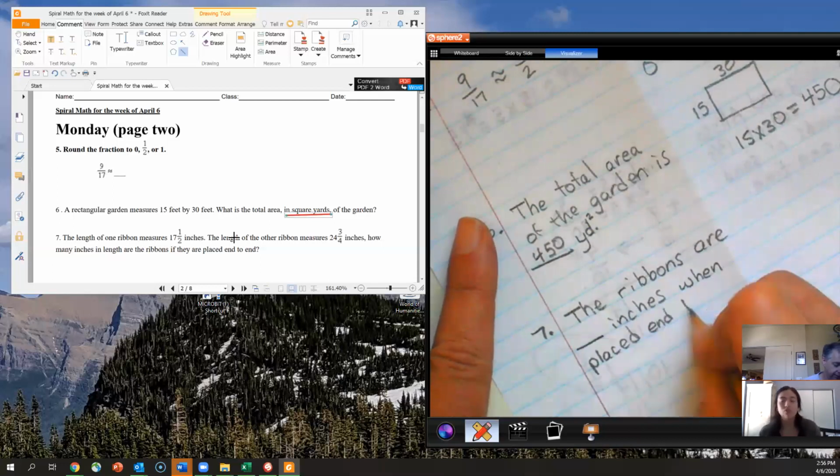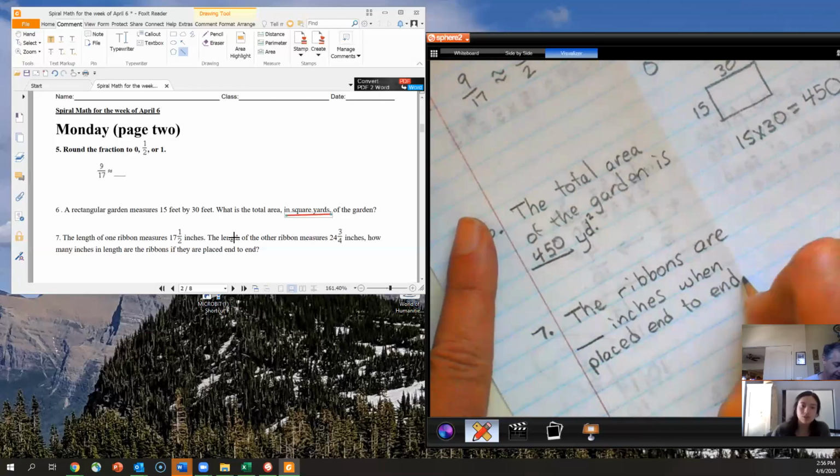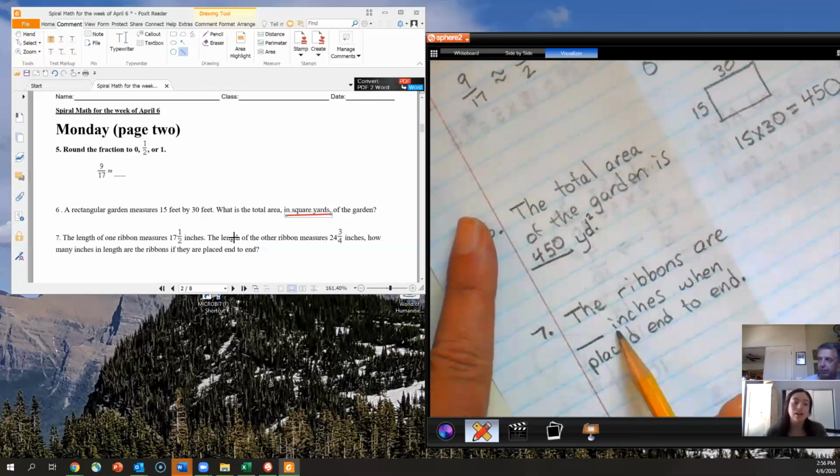And make sure that you guys have in there the inches, because we want to make sure that we're labeling how long and the units of that ribbon is.